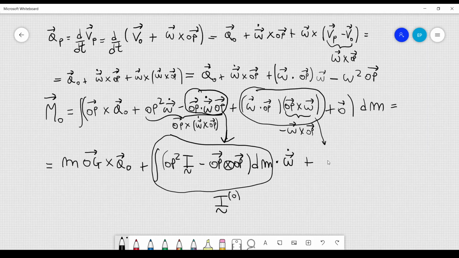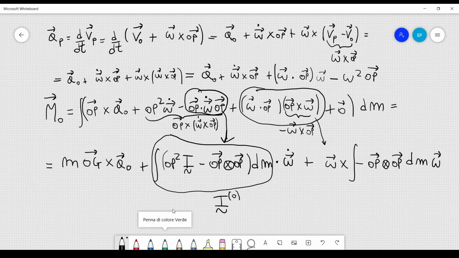So I have omega cross, and then I have integral, and I'm going to rewrite the expression above like this, minus OP tensor OP dm times omega. So how can I do this?